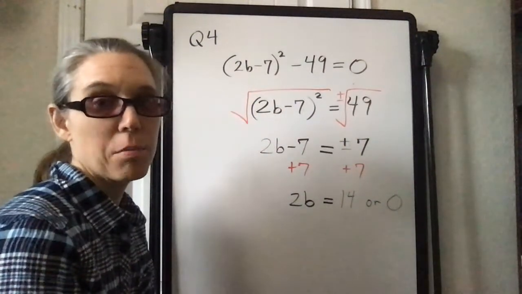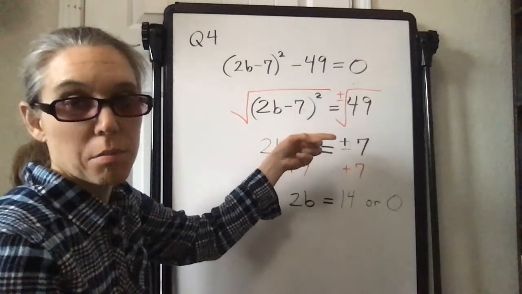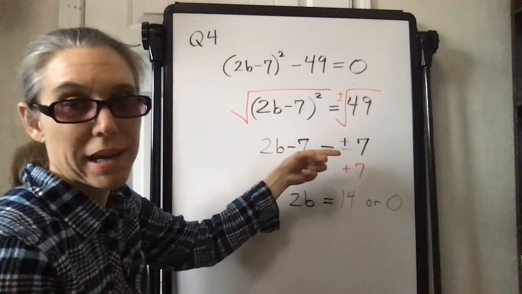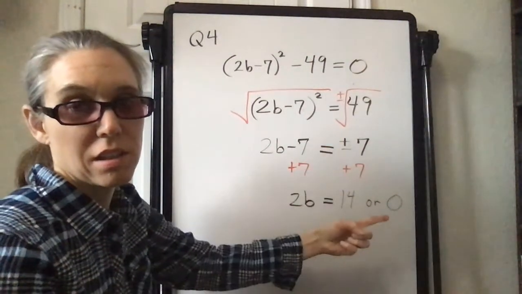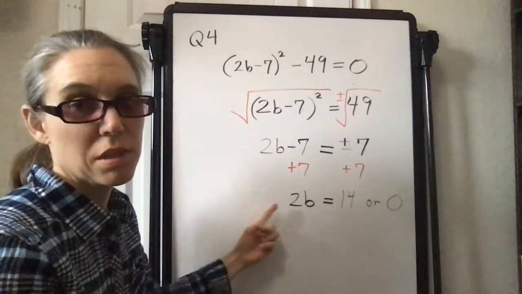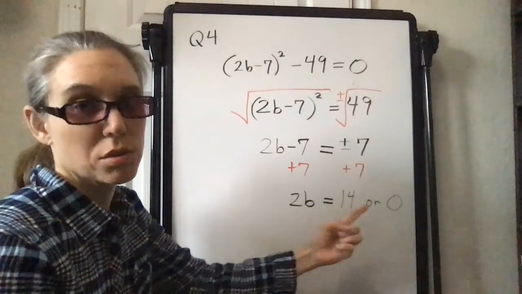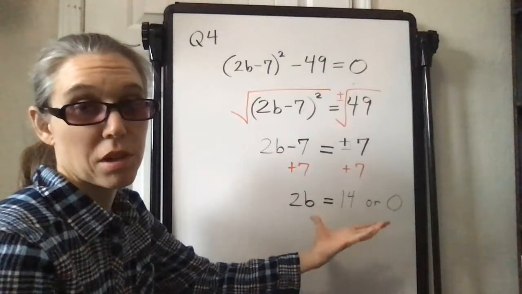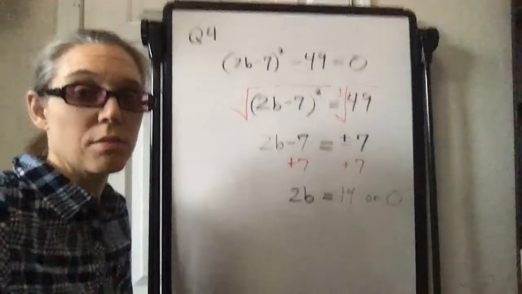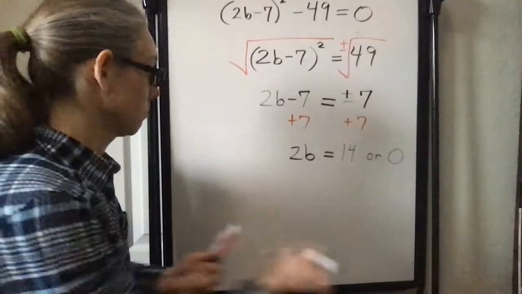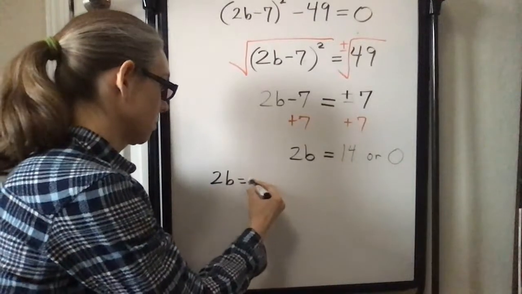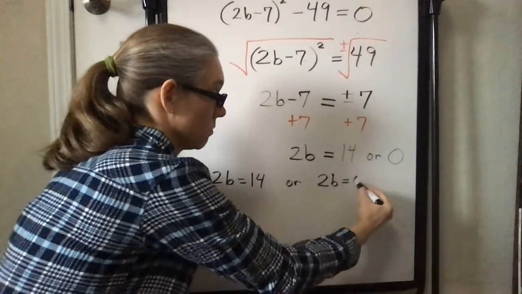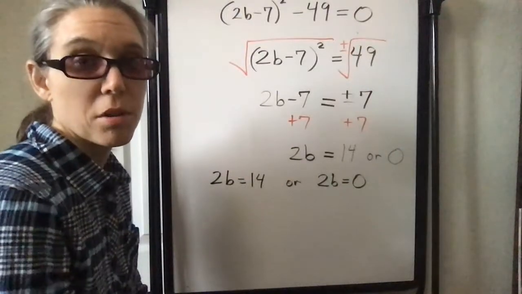So what we end up with is plus 7 equals 14, minus 7 plus 7 equal to 0. Now 2b is equal to 14 or 0. Alternatively, you could write that as two separate equations. So for instance, then you divide both sides by 2.